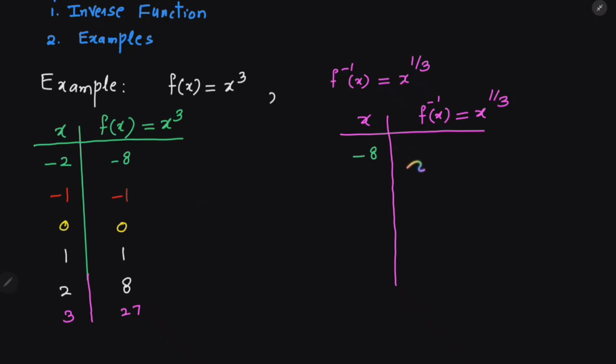So when we put the value minus 8 into the inverse function, we have f inverse of minus 8, which is minus 8 raised to power 1 by 3, and we have minus 2.